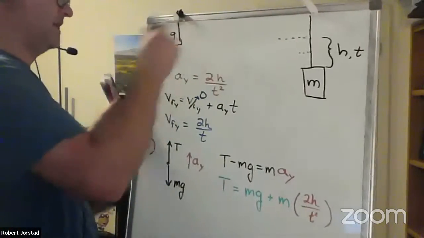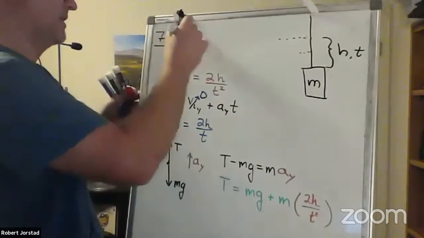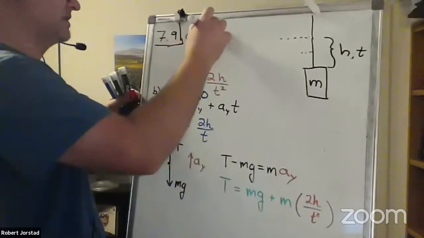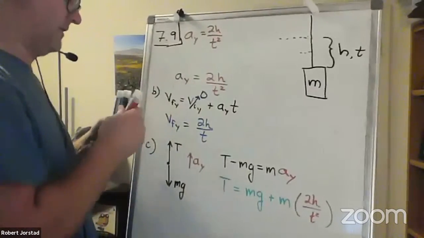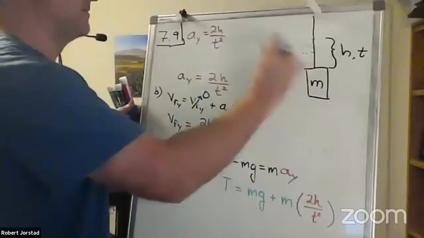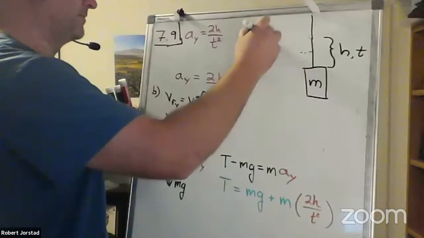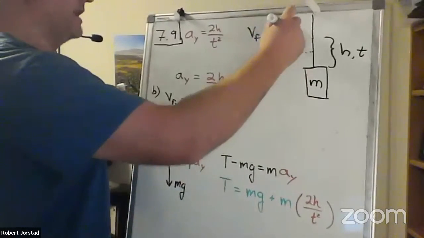But I found that a y is 2h over t squared. I found that v final y is equal to 2h over t.